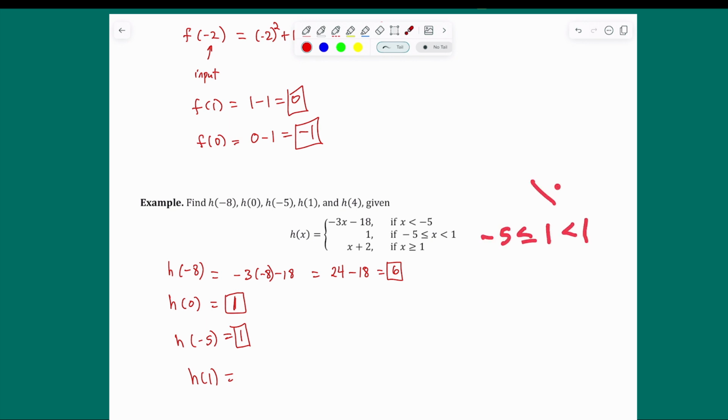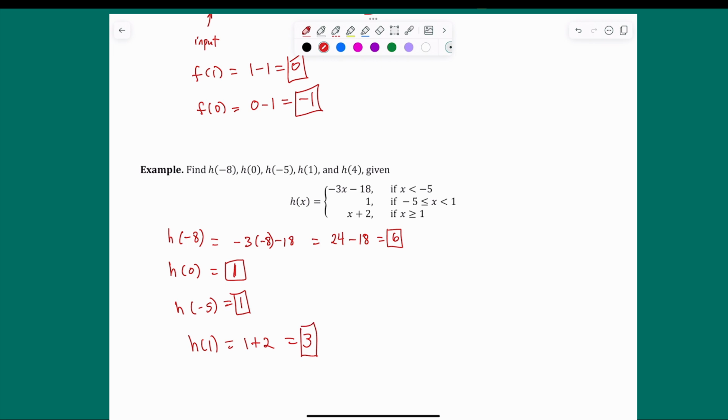That is not true because even though -5 is less than or equal to 1, 1 is not less than 1. Therefore, 1 is greater than or equal to 1, and so we use the third part of the definition. So we get 1 plus 2, which equals 3.